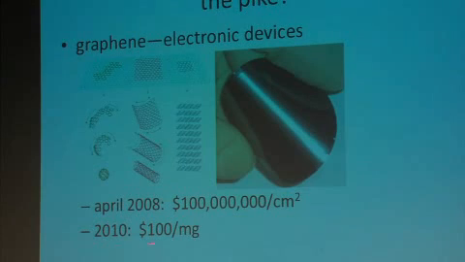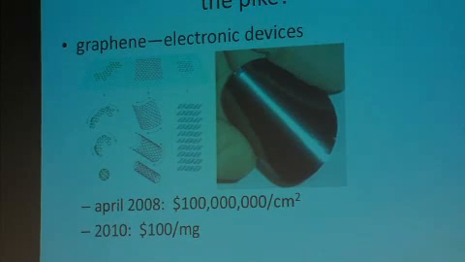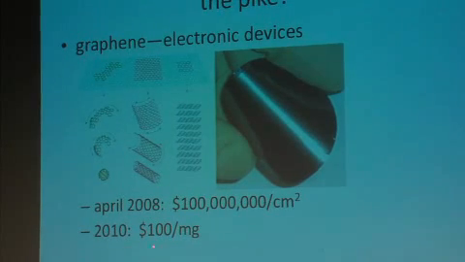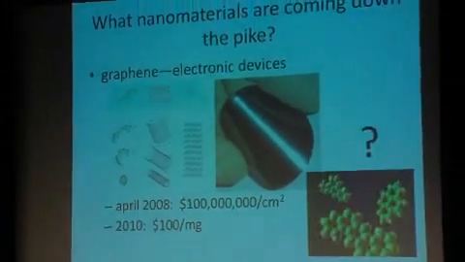In 2010, you can now, from a company located up in Chicago, buy mostly single sheet graphene for about $100 per milligram, available in a stable aqueous dispersion with surfactants on it. So hopefully you can deposit it on your own substrate. And so I'm sure that this price will come down further as the material is used and sold.